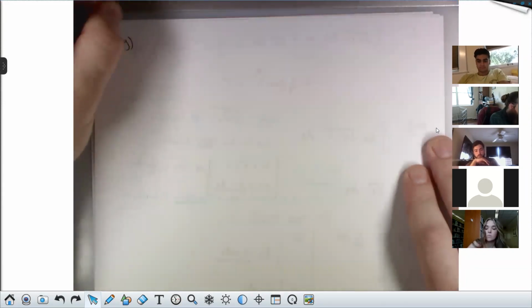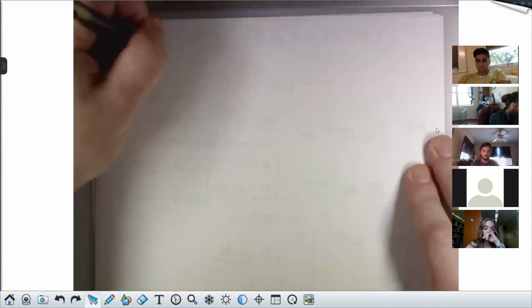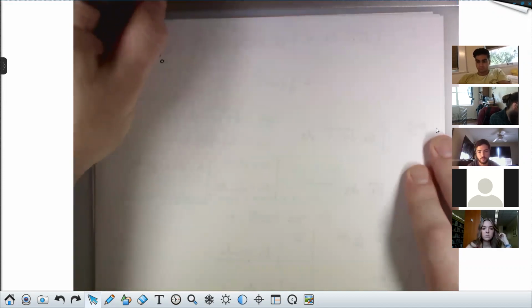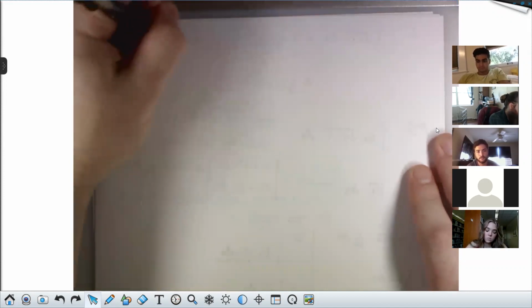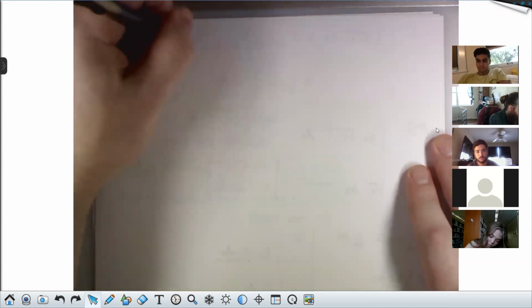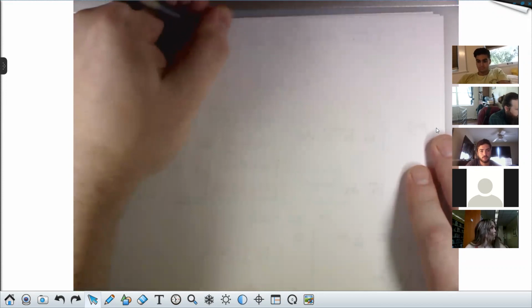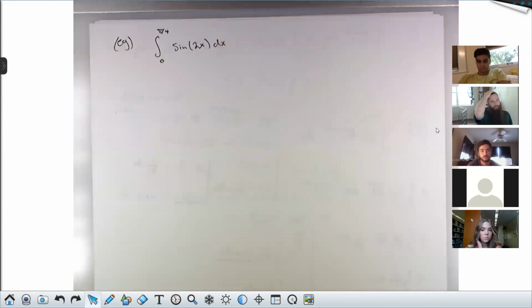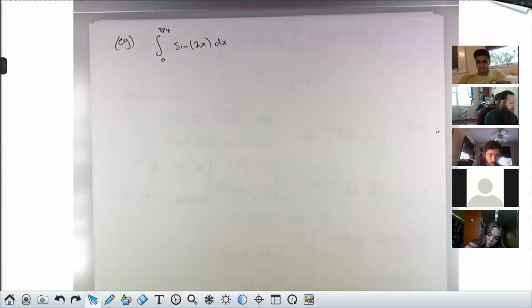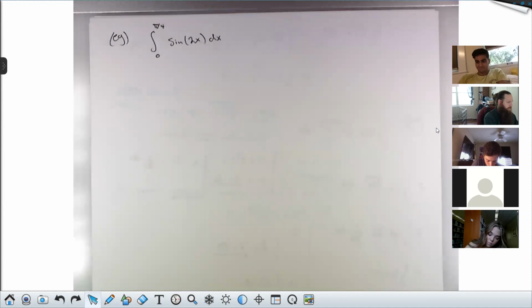Again, this is a little substitution problem. I'd like to integrate from 0 to pi over 4 the function sine of 2x dx. So here we're going to be using an antiderivative we haven't talked about yet.